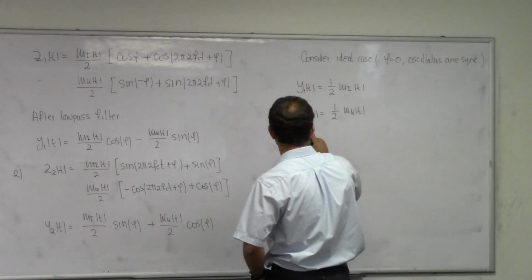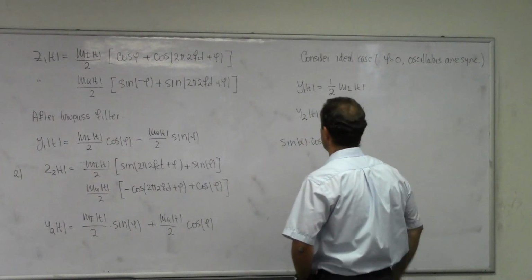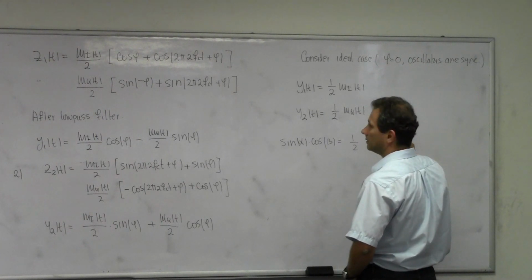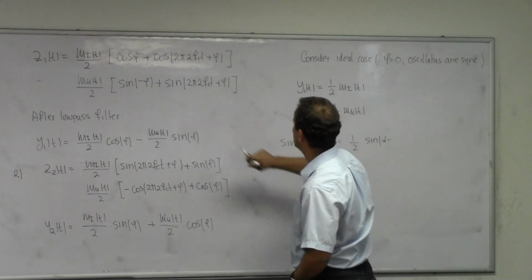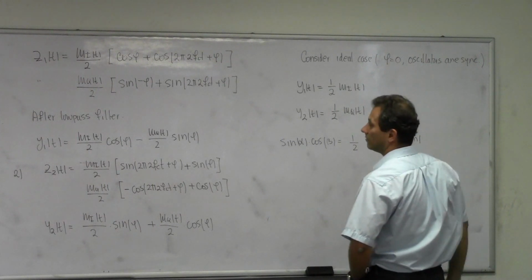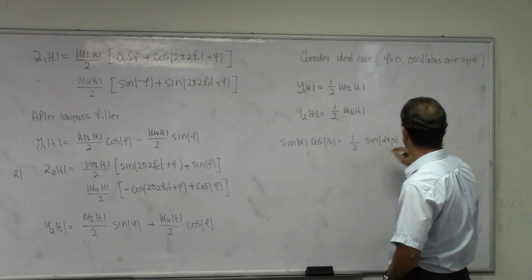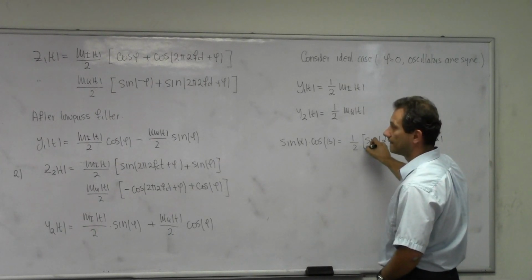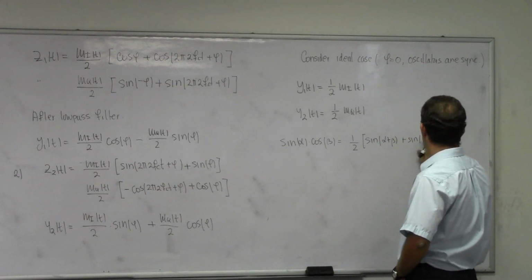Sine alpha times cosine beta is equal to 1/2 sine of alpha plus beta, and then plus sine of whatever is with cosine, so it's alpha minus beta.